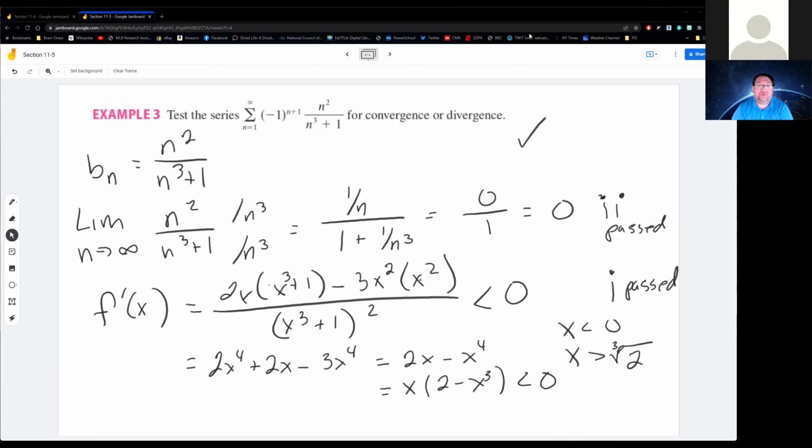The good news is we're almost done with class. So then you went ahead and factored it out. I pulled out, factored the x. Because remember, when you factor it, it's easier to solve, set each one equal to 0 to figure out which one's going to be less than. So that's why I got the x is less than 0 to make it negative, or the second one's got to be greater than this cube root of 2.